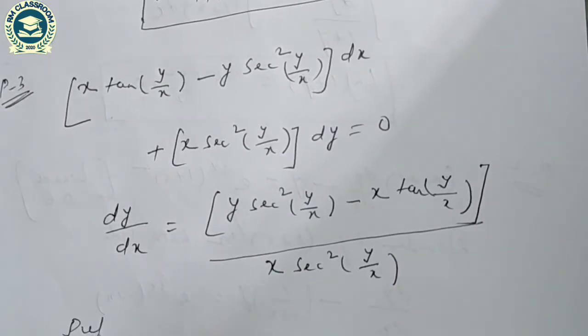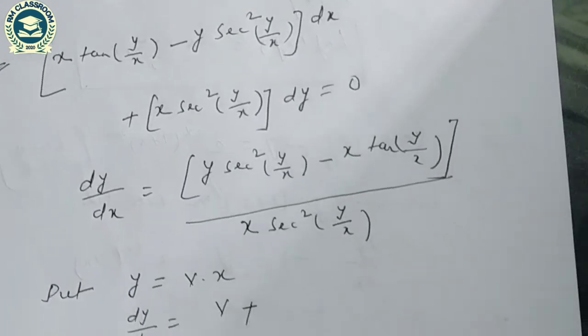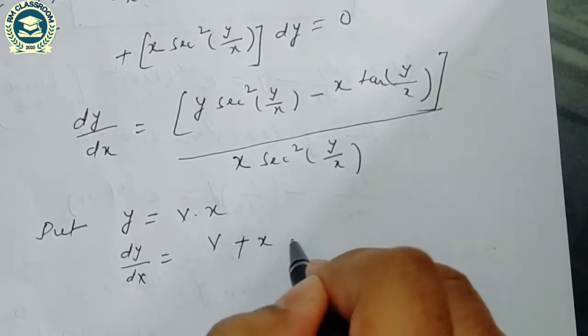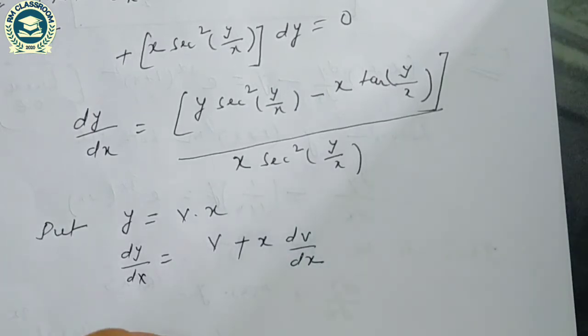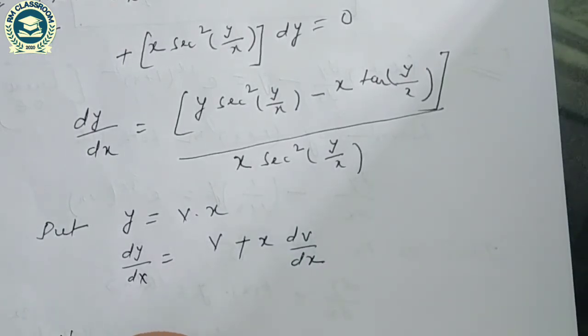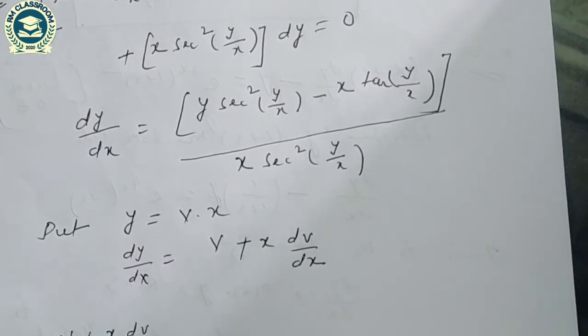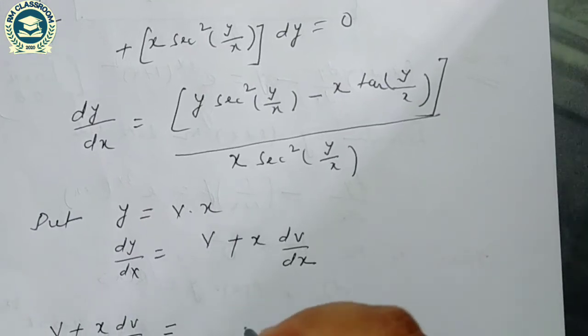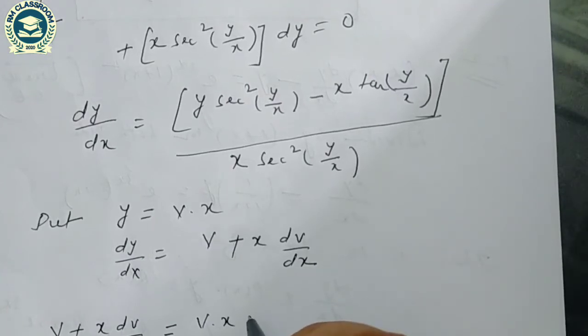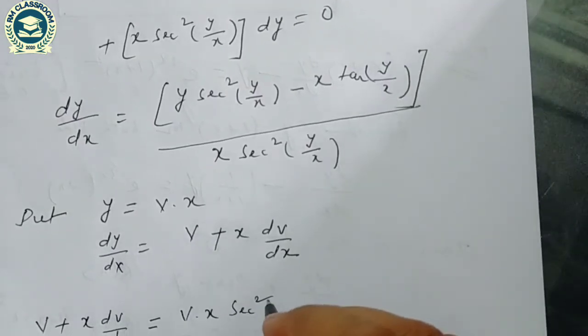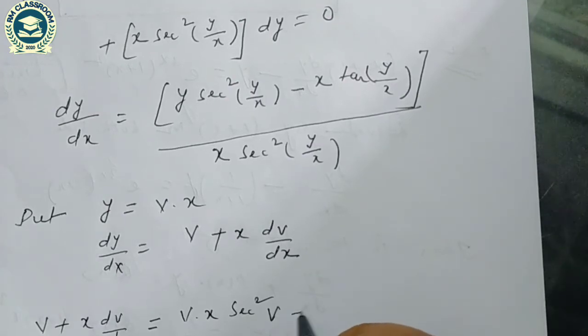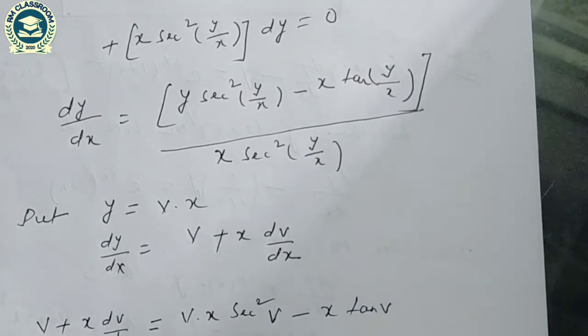So put y is equal to v into x. So dy by dx is equal to v plus x dv by dx. So put the value of dy by dx, that is v plus x dv by dx is equal to, I have taken y is equal to vx, so v into x sec square y by x is equal to v, minus x tan v divided by x sec square v.